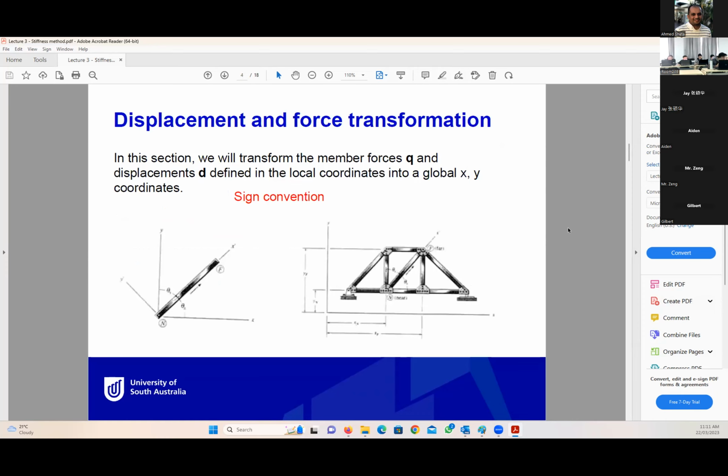And this is the displacement and force transformation. In this section, we will learn how to transform the forces and displacements defined in the local coordinates to global coordinates. It is easy for us to deal with the local coordinates because this is how the stiffness method was built.